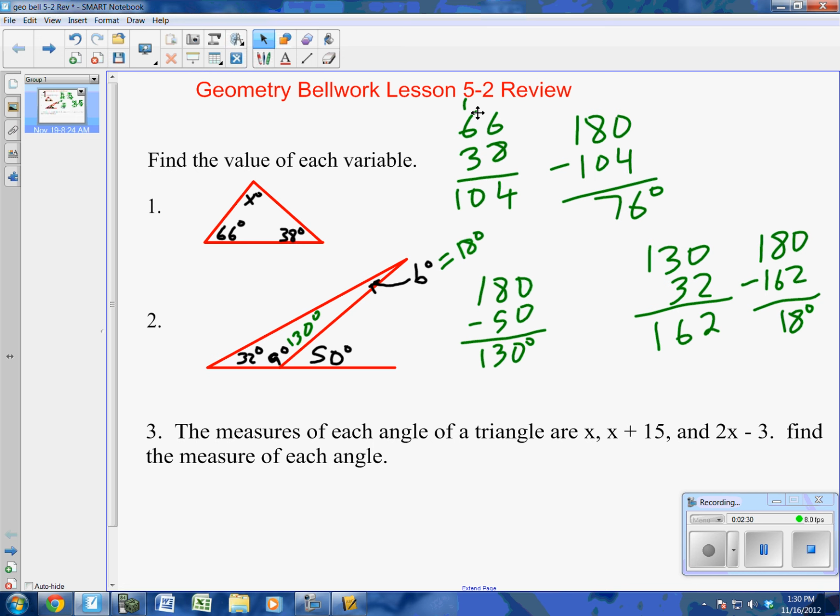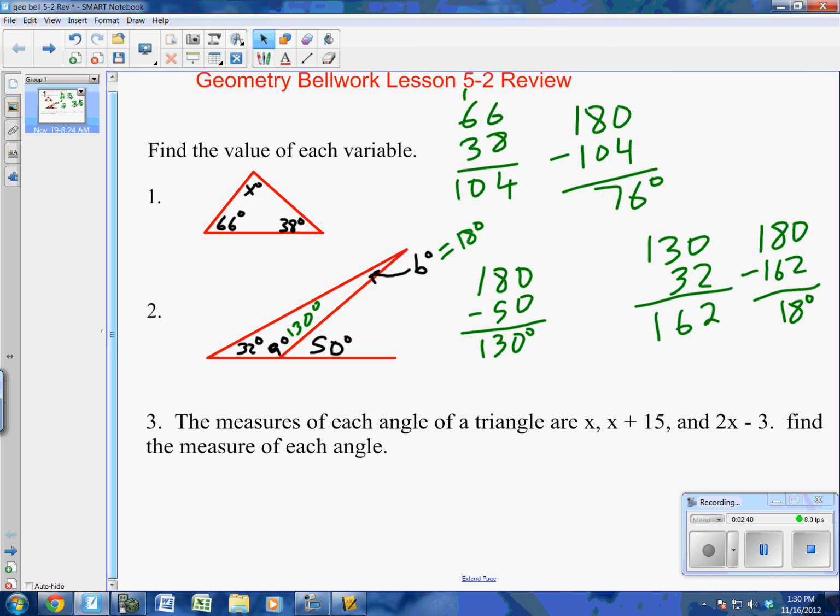Okay, number 3, the measure of each angle of a triangle is x, x plus 15, and 2x minus 3. Find the measure of each angle. How would we do that? Any ideas? Okay, and what would that equation say then?